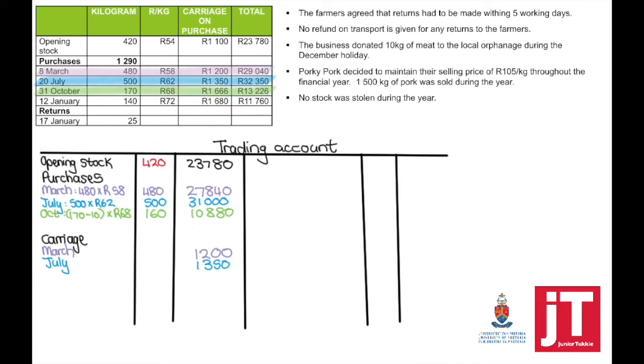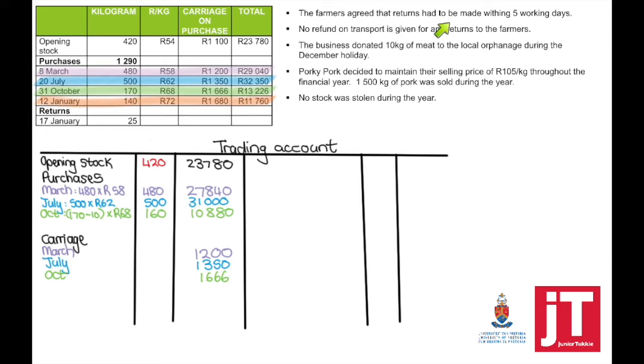When we work out our transport cost, we have to calculate it on still what was the total amount that we have paid for transport. If we look at January, now very important to look at the information given. No refund on transport is given for any returns to the farmers. The farmers agreed that returns had to be made within 5 working days.